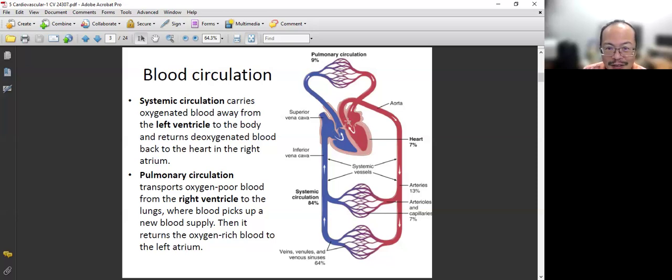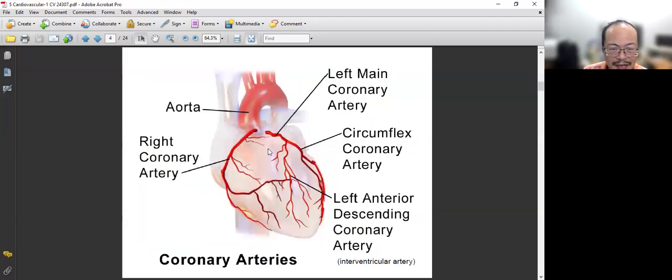So from the aorta, when it leaves the left ventricle, it immediately branches to provide the blood supply to the heart organ.